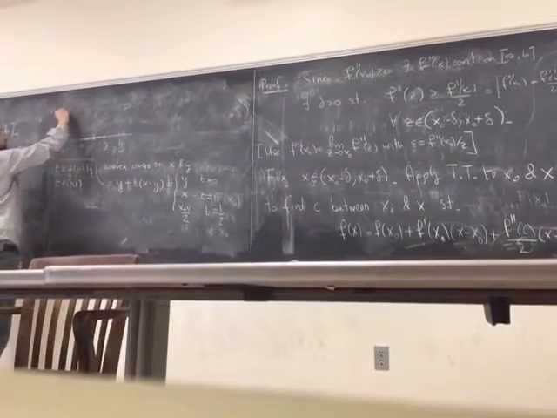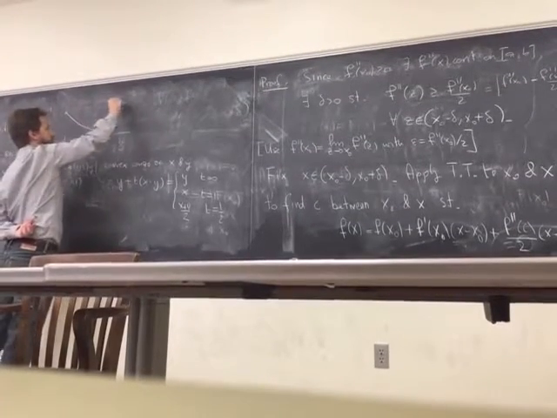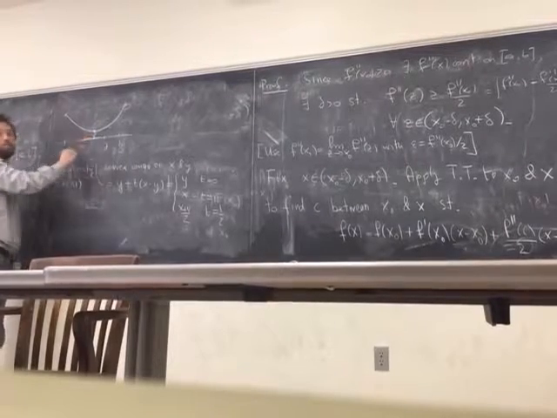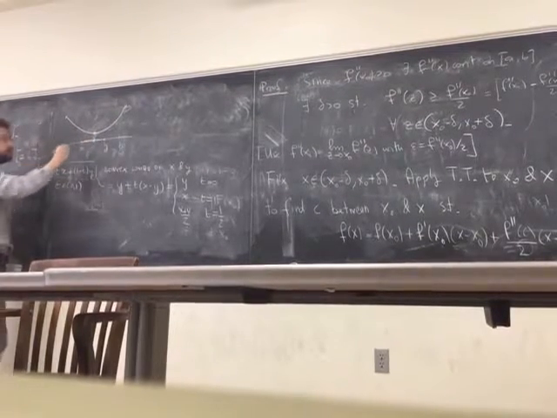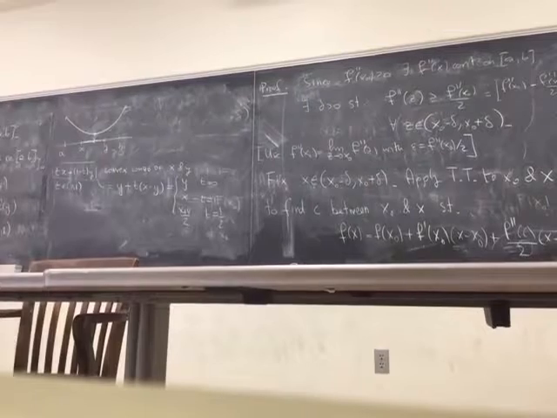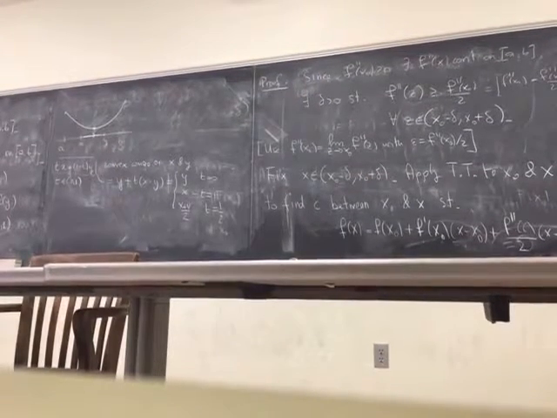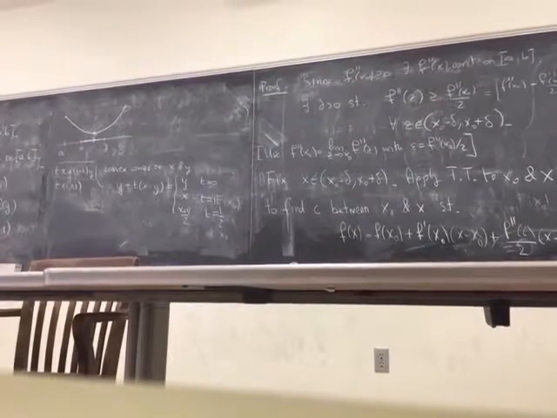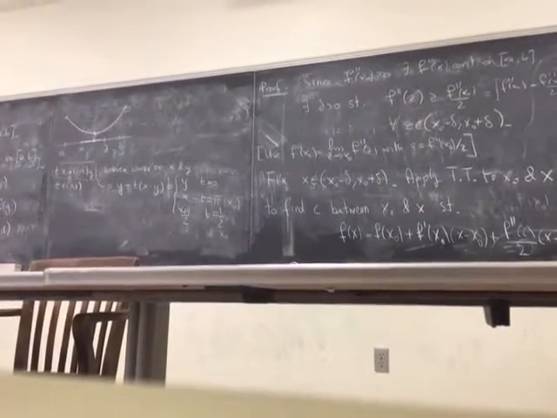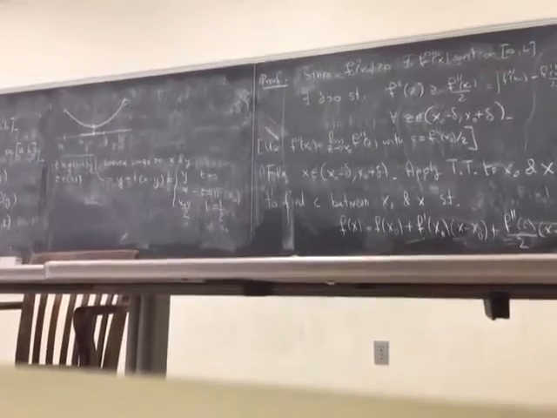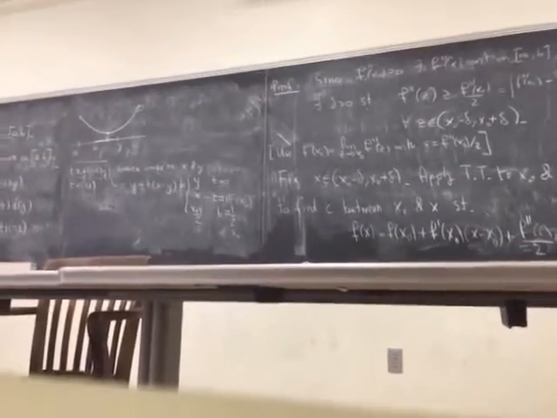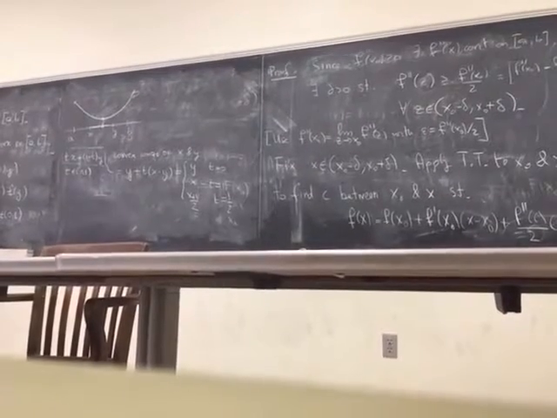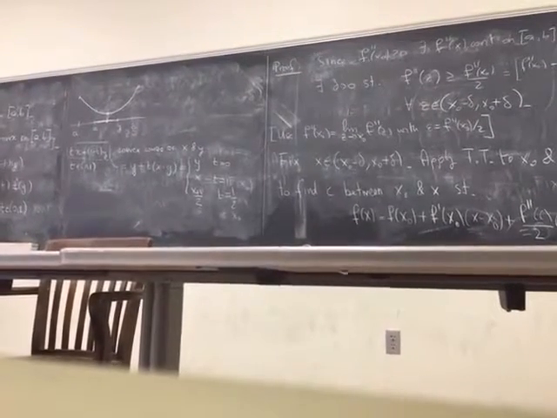So let me draw a convex function. I'm computing the value of my function here, say at the convex combination 1/2. And then here I have the convex combination of the values of f at x and at y. So here I'm combining the base points x and y, and here I'm taking the same convex combination, 1/2 of x and 1/2 of y.